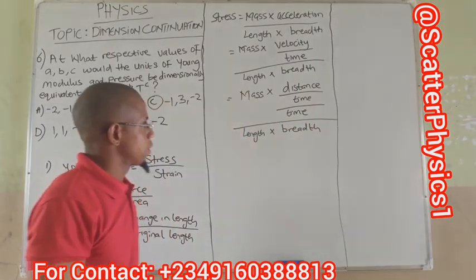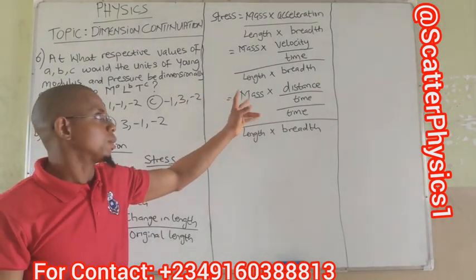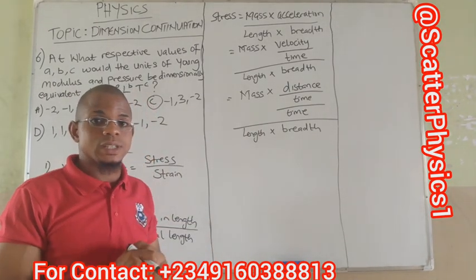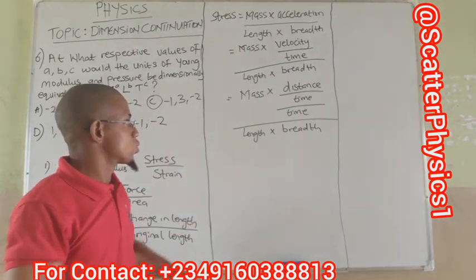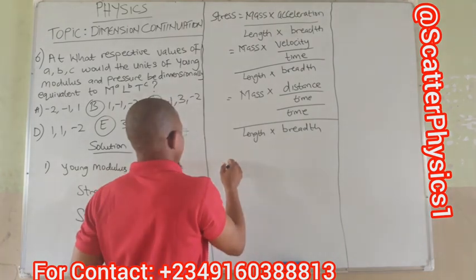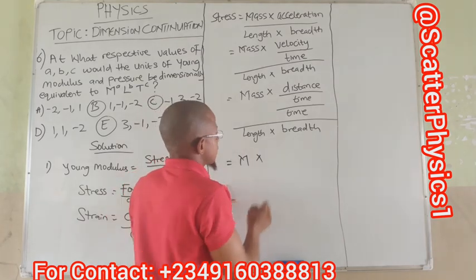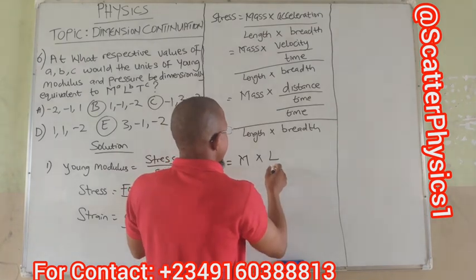Now if you look at this, you see that mass does not have any formula, and time has no formula. So everything has been reduced to the three physical quantities, which are length, mass, and time. Mass is M. Distance is L, because it's talking about length.